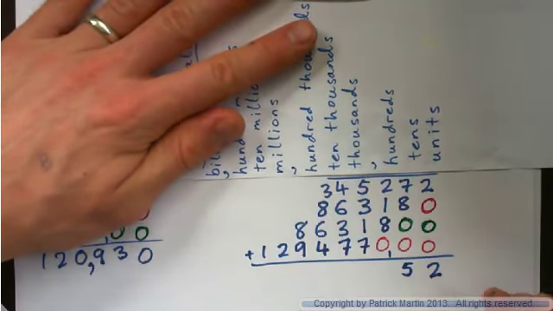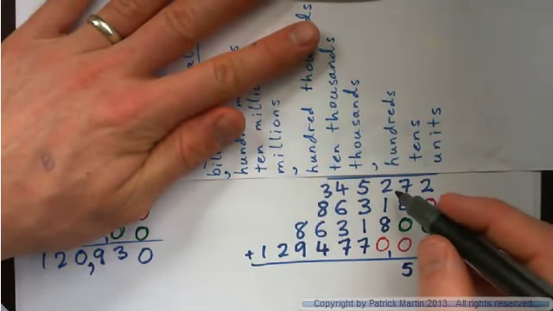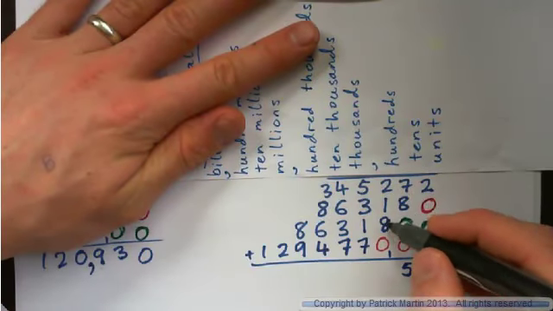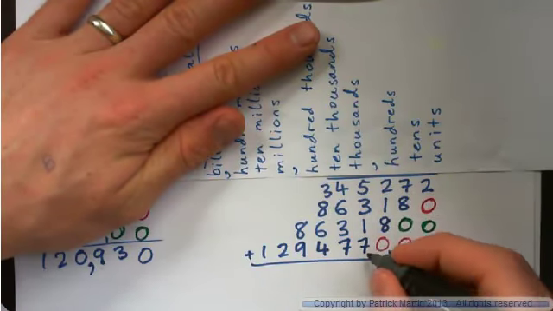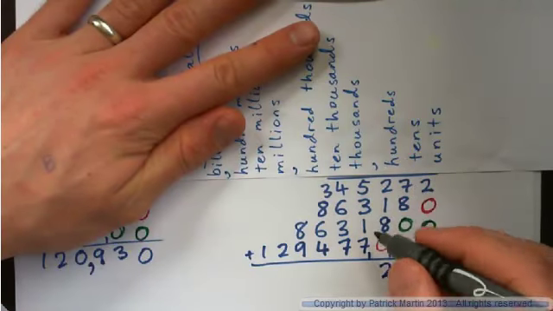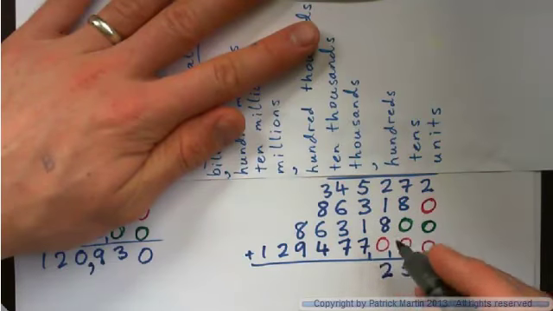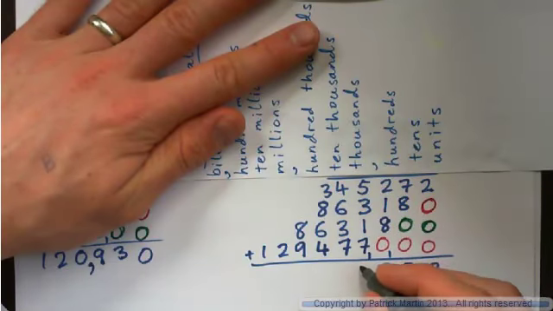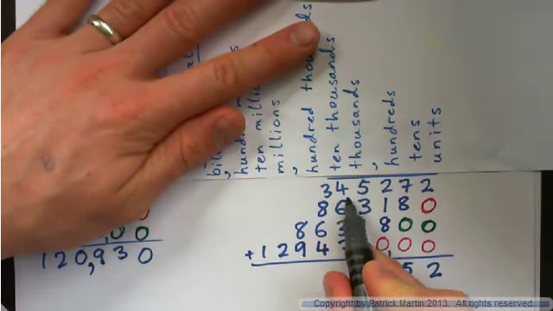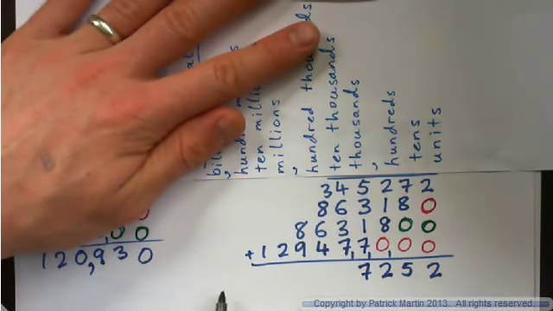Then we've got 3, 11, we've got 12 hundreds, so carry 1,000 over to the 1,000 spot. So we've got 8, 9, 16, 17 thousands, and carry a 10,000 to the 10,000 spot. So please finish this off yourself. Press pause if you need more time.